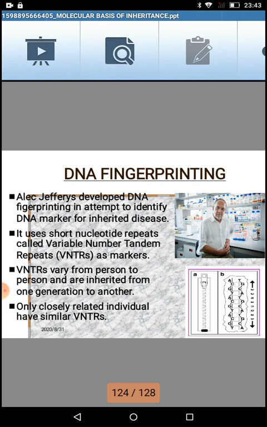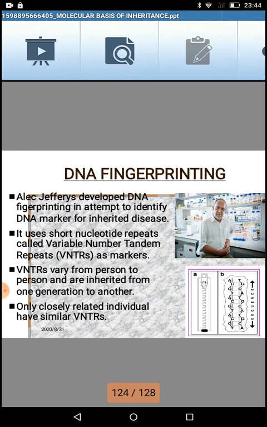In this diagram, if you can see clearly, the second diagram has ACG, then ACG, ACG. This is the repeated sequence. This is called VNTRs, and this is specific in a human being, and it will be similar even in closely related human beings.